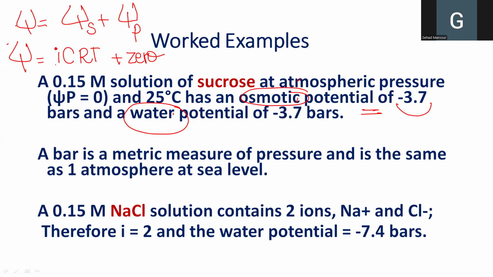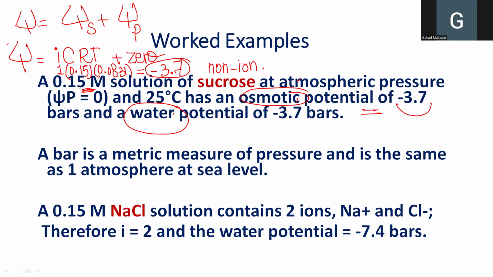If you calculate, i for sucrose is 1 because sucrose is non-ionized. Then you multiply by 0.15, which is the molar concentration, and then you multiply by the constant R, which is 0.831, and you will find this value, which is minus 3.7.